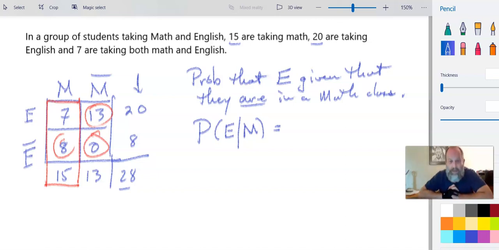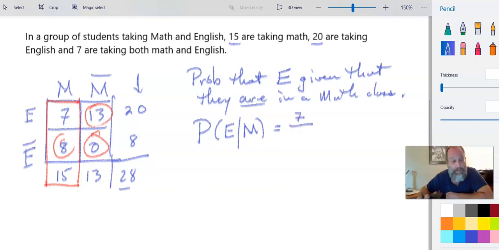That means that everything we're figuring out is going to come out of that column. I'm not even considering the people who aren't taking math. So if I want the probability of someone taking English, given that they're taking math, I know that the people who are already taking math and in an English class, there are 7 of them.